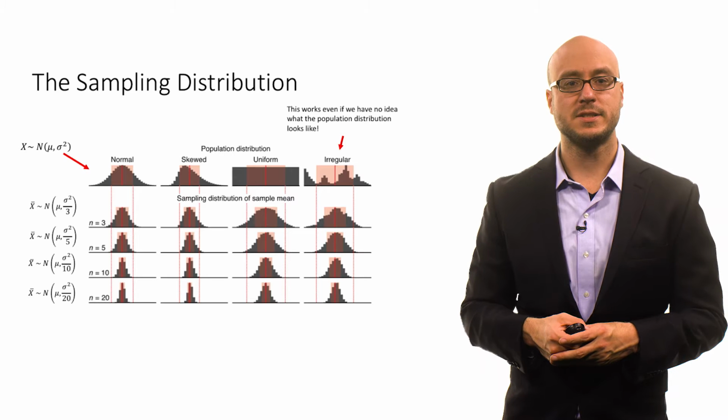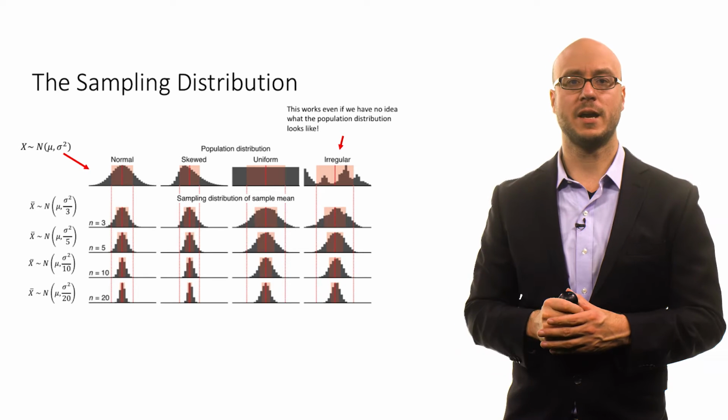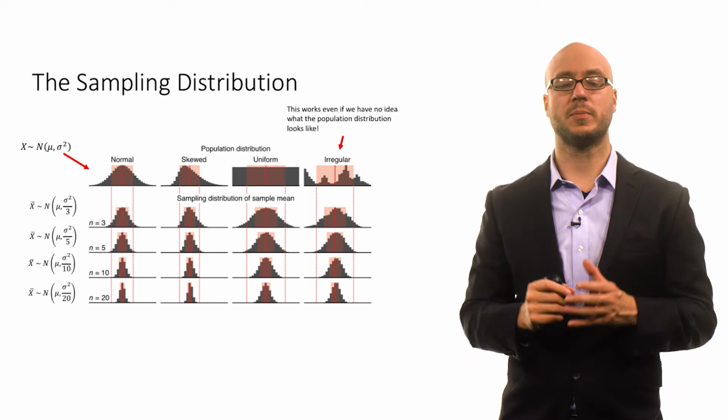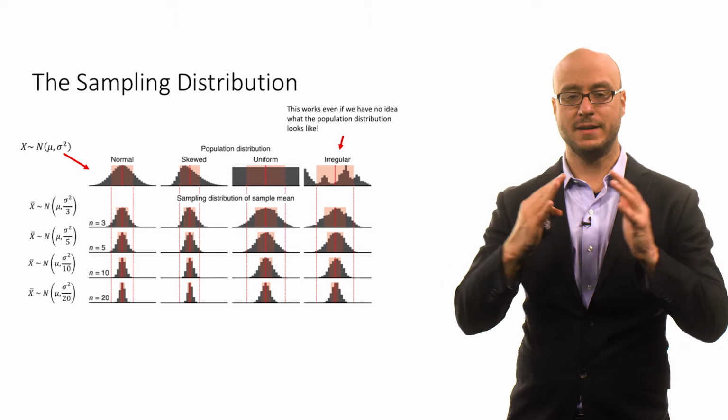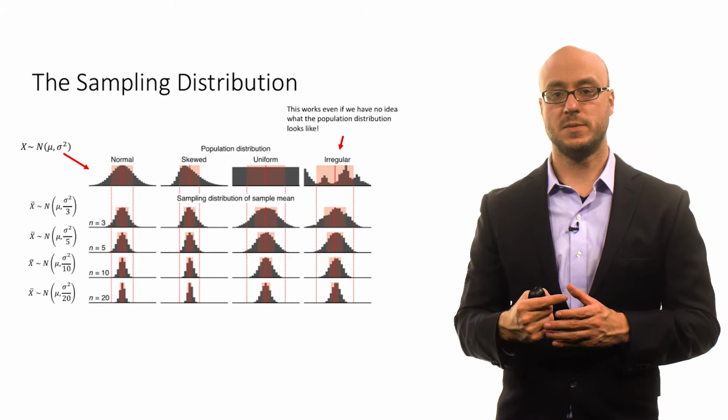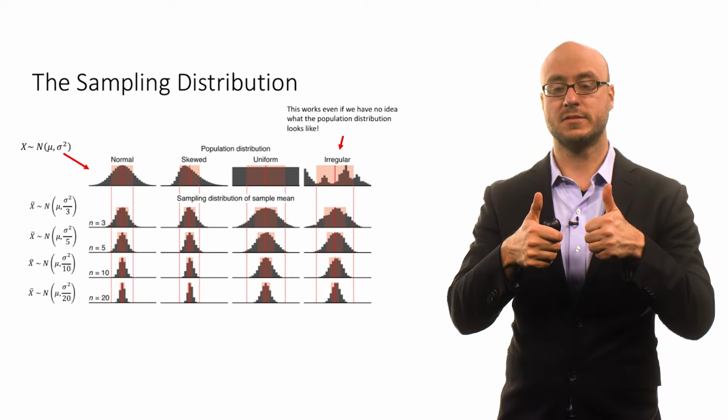Now, what this tells us is that no matter what the underlying distribution of the population, that distribution of sample means will be approximately normal. And the spread of that sampling distribution will get smaller and smaller as the sample size increases. To put it another way, sample means based on larger samples will not differ as much, which makes sense.